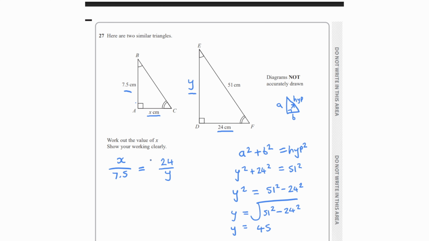Then what we can do is come back over here now that we know what y is, and we're looking at the ratio of side x to the side 7.5, and we've said that that's going to be equivalent to 24 over y. So let's put in our value for y. Well, we said that y was 45, like that.